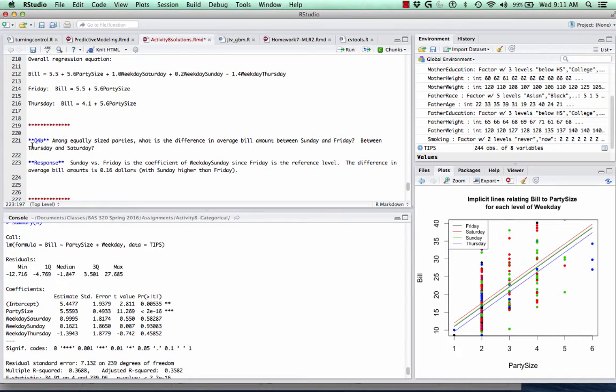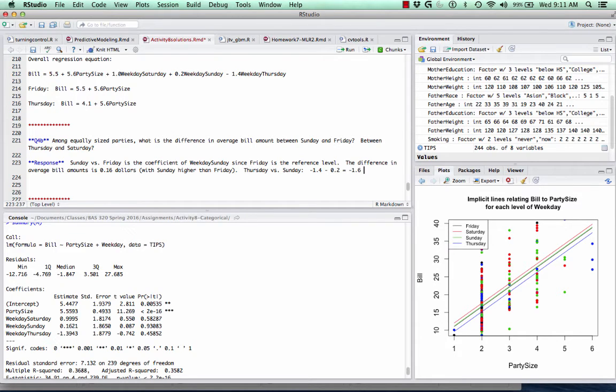All right, what about between Thursday and Sunday? Because neither of these is the reference level, we need to subtract the two coefficients to get the difference in average values. So Thursday versus Sunday is minus 1.4, the coefficient for Thursday, minus 0.2, which is minus 1.6.